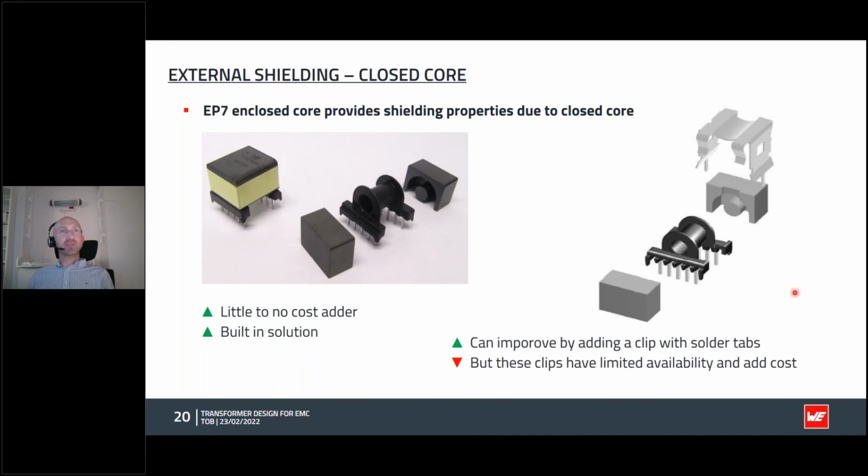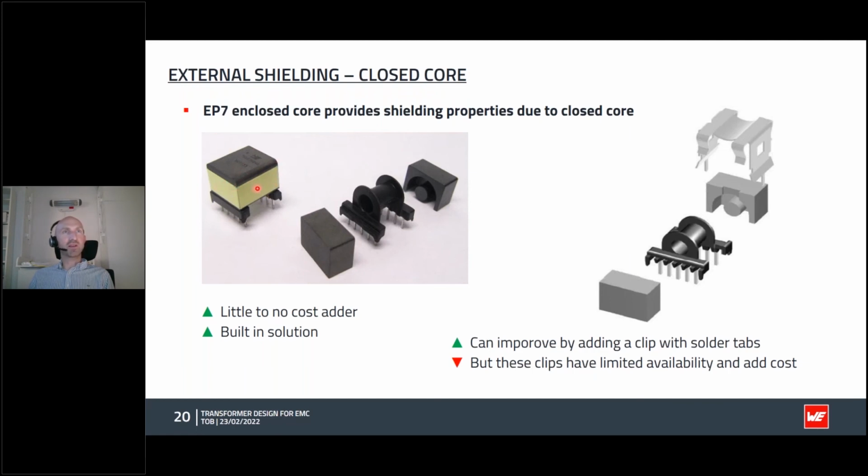Then one type of core that can be good to use is these so-called semi-enclosed or enclosed cores. So if this is an EP7 package, or all the EP packages look something like this. So if we look here, we can see basically just core everywhere.